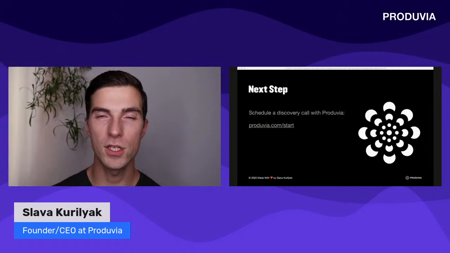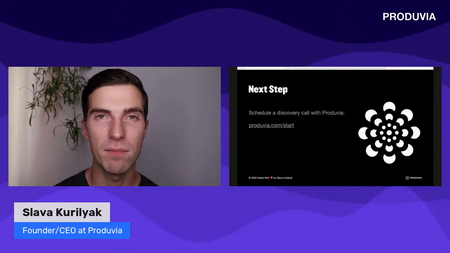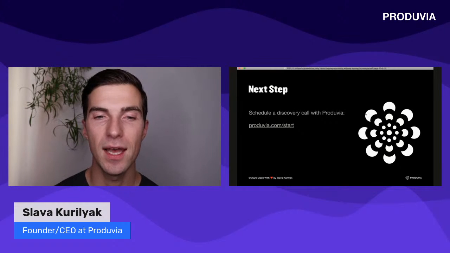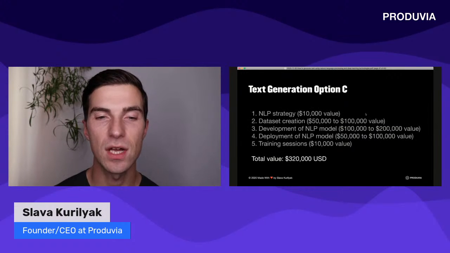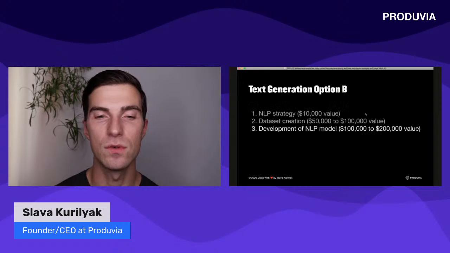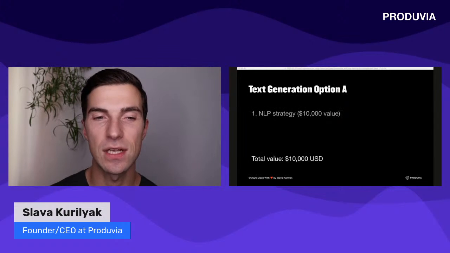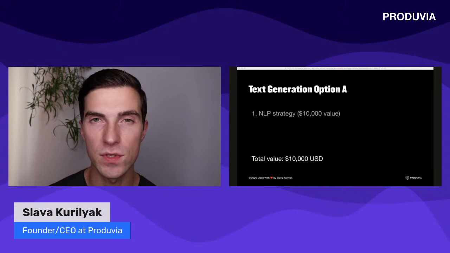Again, we're talking about delivering you and your company massive value, from $320,000 to $235,000 to $10,000 in value, depending on the option you select. And I encourage you to schedule a discovery call with me, right?